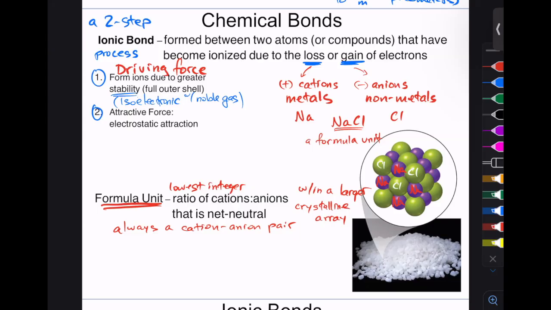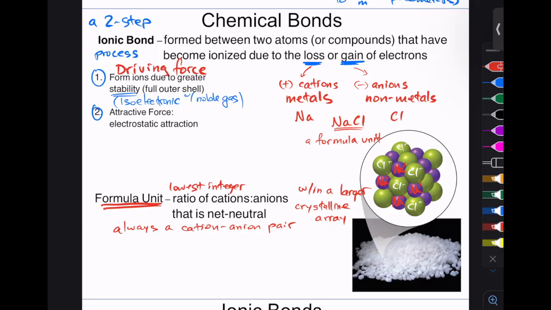And I should really formally put charges on all of these because these are in fact ions here. And they're held together in this crystalline lattice, this crystalline array, due to the electrostatic attractive forces. But it's not just 1-to-1. The ratio is 1-to-1 within this much larger array.